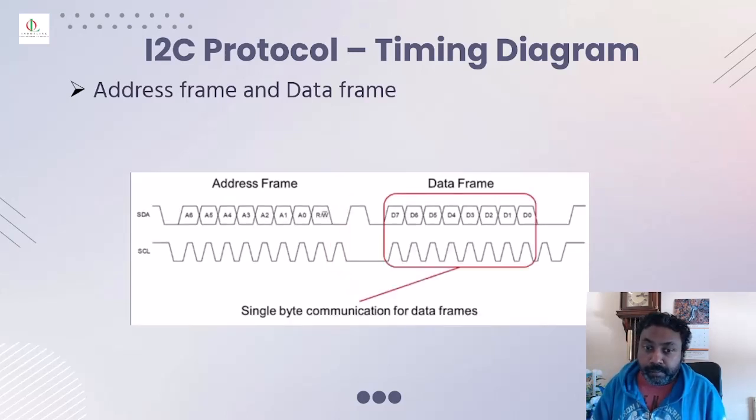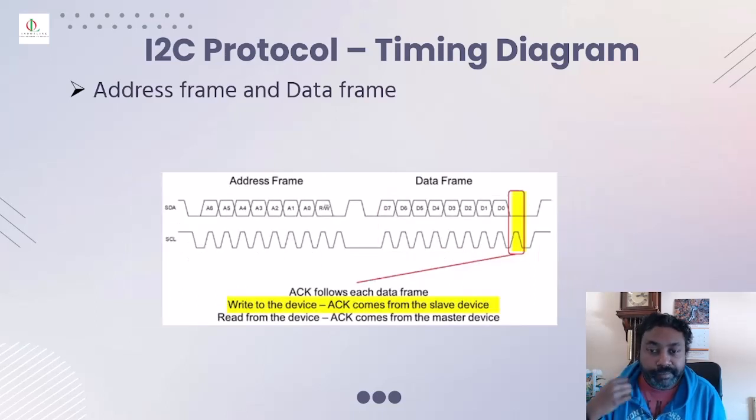Once you receive the acknowledgement, in the next cycle you are allowed to send the data to the slave, in an 8-bit frame, D7 to D0. After it receives the data, it gives an acknowledgement saying I received the data. Then the master knows to send the stop bit.